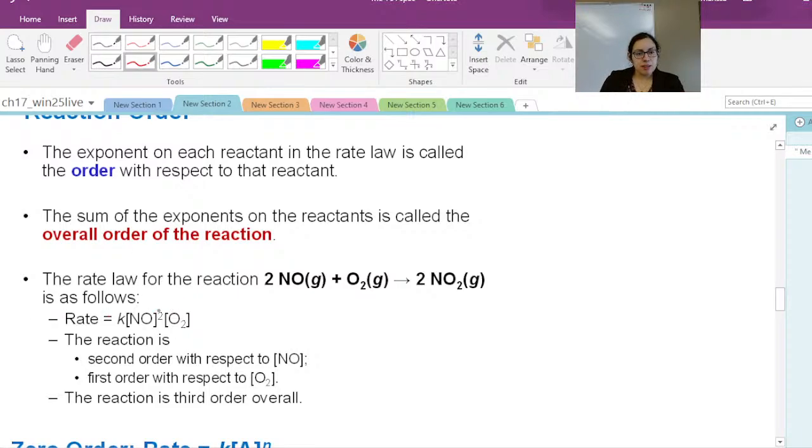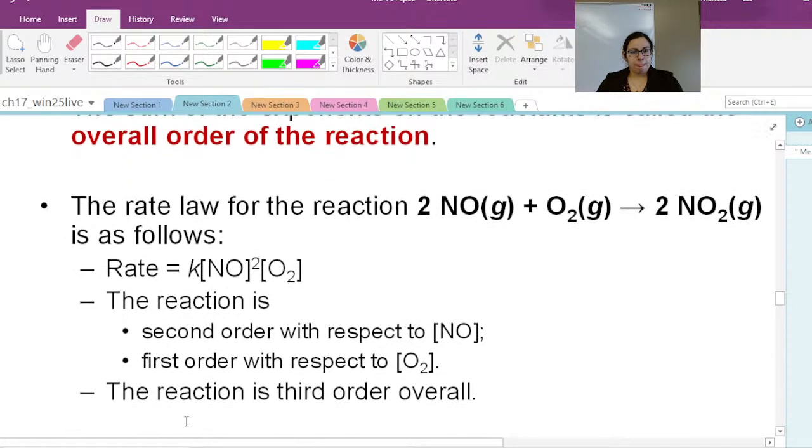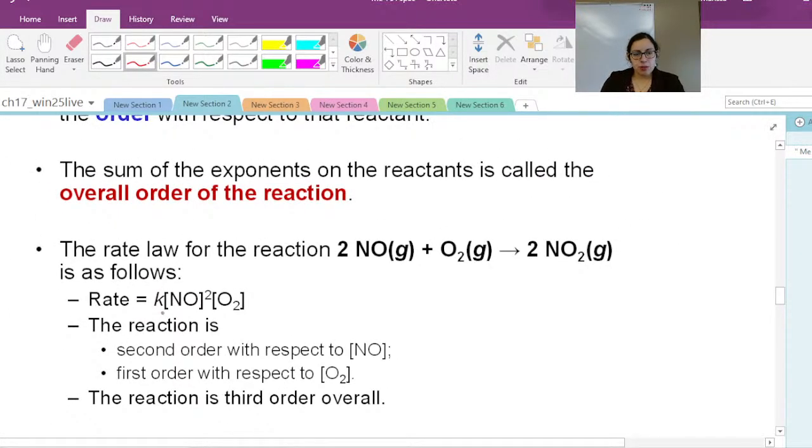So let's zoom in. Our rate is equal to some rate law, so we'll have to determine that. And then it tells us that it's second order with NO and first order with O2, and obviously there's a little implied 1 there. Then you could add these 2 superscripts up, and we can say that the reaction is third order overall.